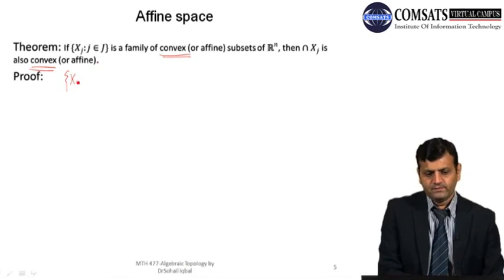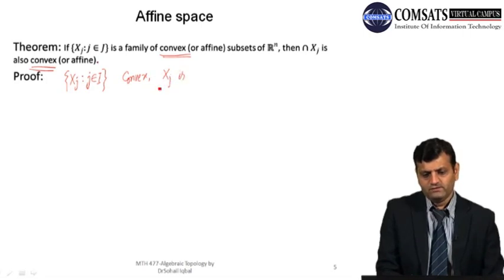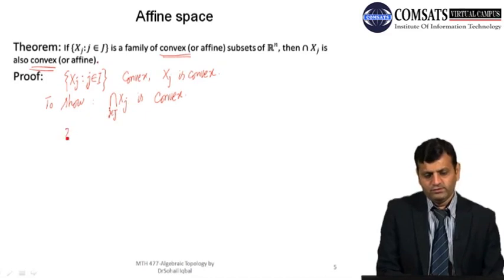So what is given? We have a collection of convex sets, so every xj is convex, and to show is their intersection of xj is convex. If I want to show that this set, which is the intersection of xj's, where the indexing j belongs to the capital J, is convex, what do I need to show?